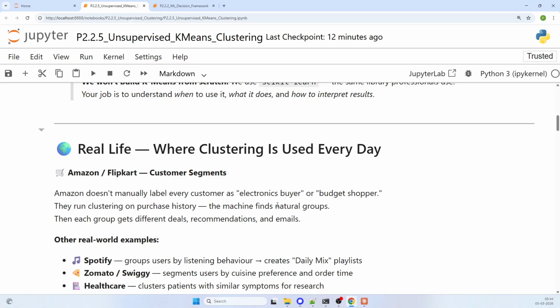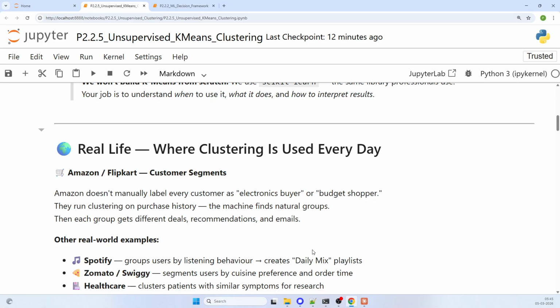So they will find clusters in my data. Based upon the clusters, I will get different recommendations. If I'm more of an electronics guy, or living in Bangalore or Hyderabad, based upon the city or the type of things, they will somehow group the customers. Each group will receive different recommendations.